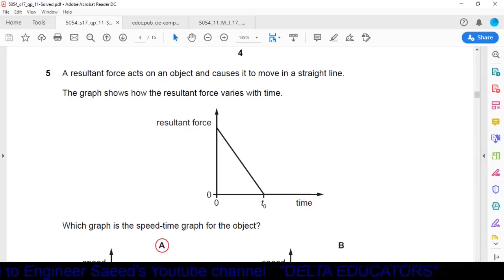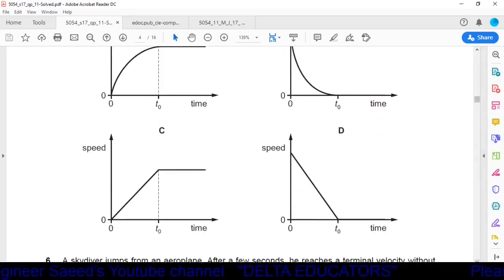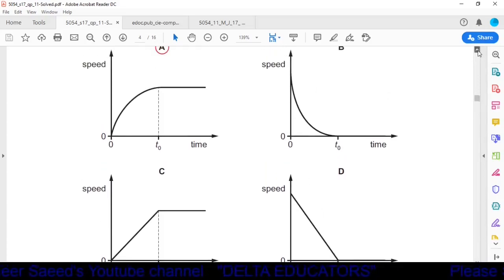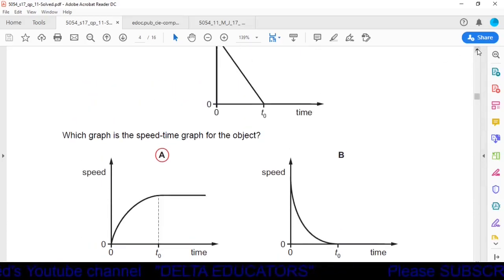So we have to find out which graph is the speed time graph for the object. Here we have 4 options A, B, C and D. We have to find out which one is the correct one. Option A is the correct one. Why? Acceleration is gradually decreasing, because the resultant force in the graph is decreasing.